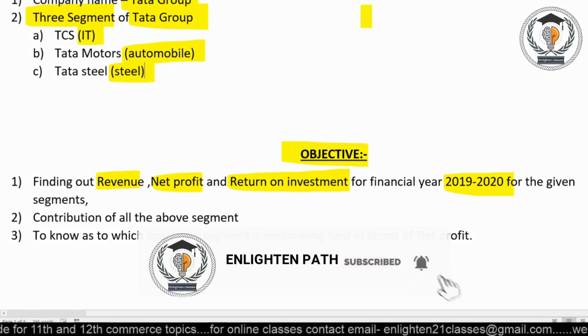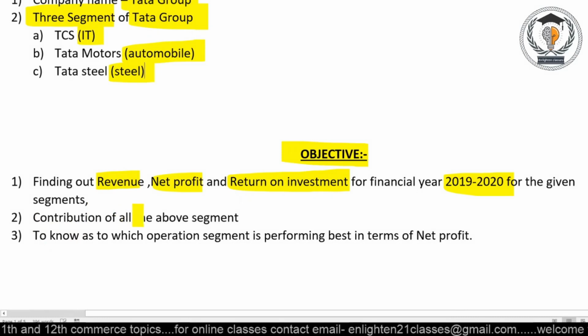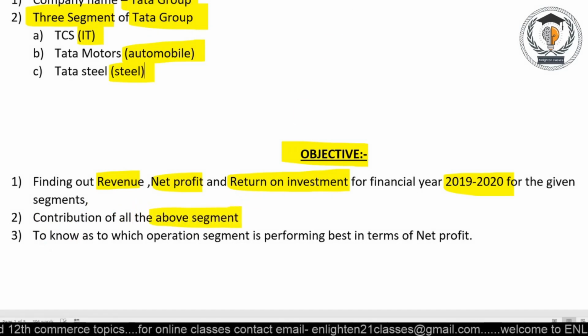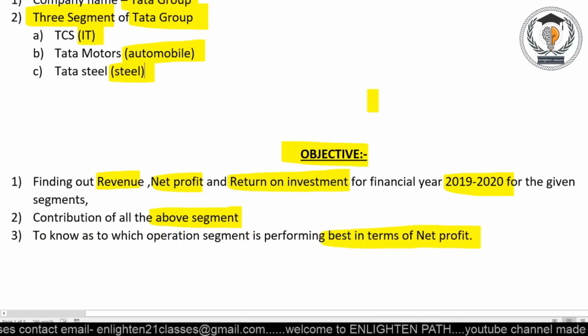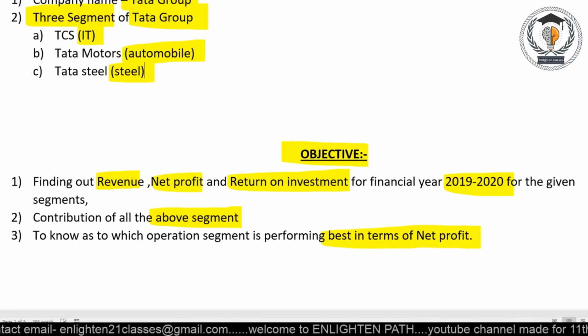The second objective will be the contribution of all the above segments: what will be the contribution of the above segments to the Tata group? The third objective can be to know which operation segment is performing best in terms of net profit, that is, from these three segments, which segment is performing best for the whole Tata group.